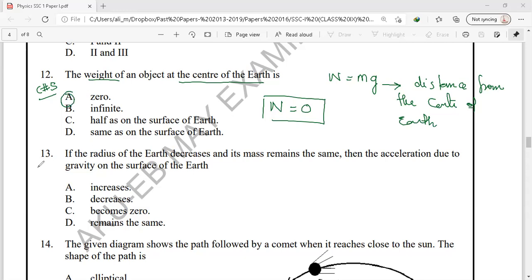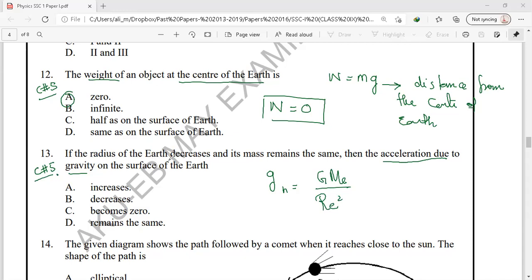Next, we have question number 13. This is from chapter number 5. If the radius of the earth decreases and its mass remains the same, what will be the effect on the acceleration due to gravity? The acceleration due to gravity is equal to GMe over Re squared.